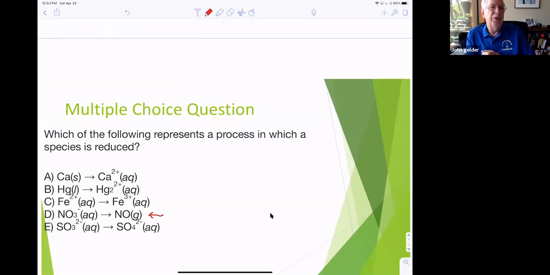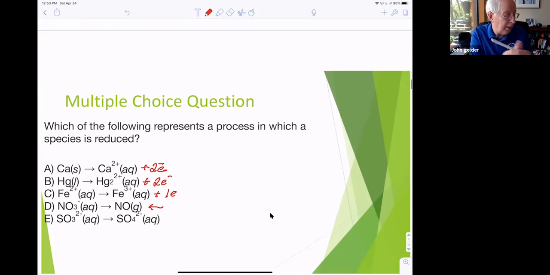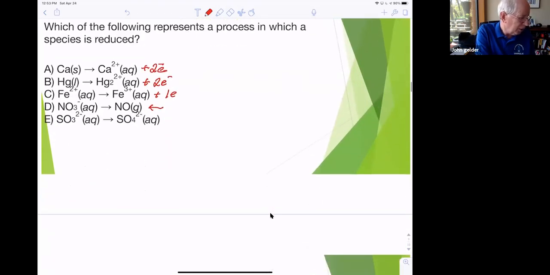And the first three pretty much follow the modern definition in terms of the loss of electrons. You can see in each case, to balance those half reactions, we would have to add an electron. Loss of electrons is oxidation. So we've got 4 oxidations and 1 reduction. So for the student who picked D, as long as you didn't pick any other ones, you're good to go.